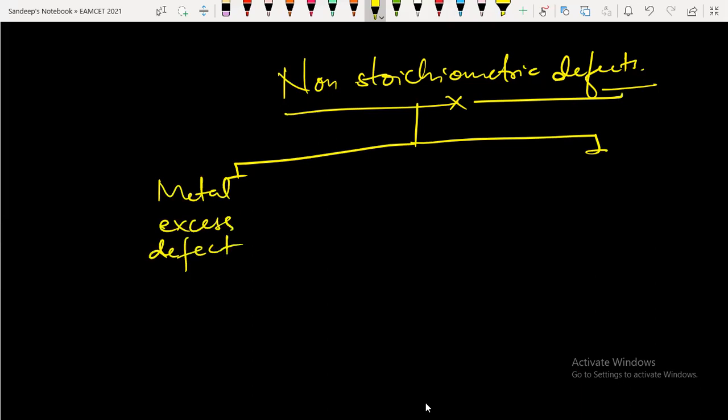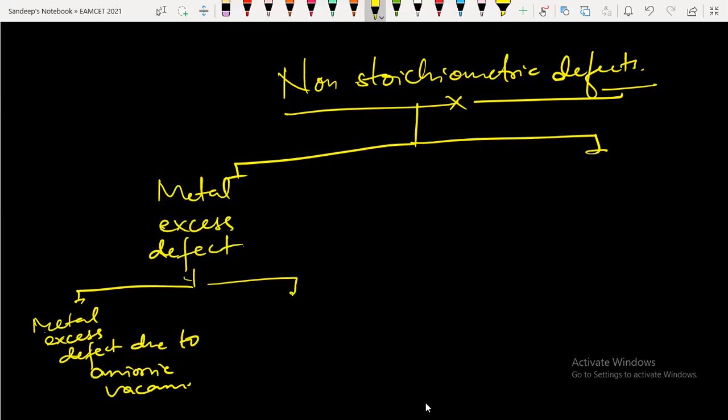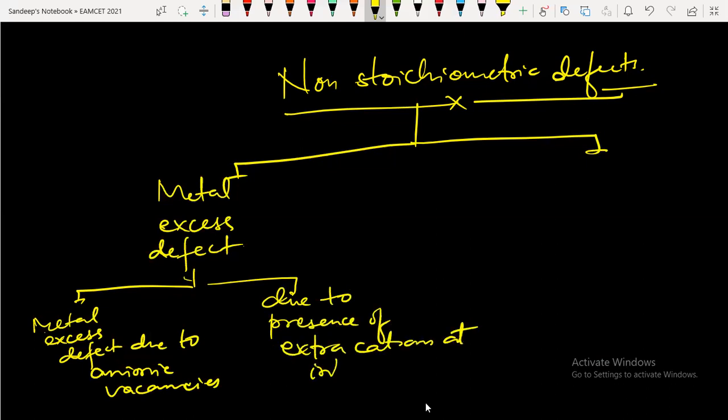Under metal excess defect, we will discuss metal excess defect due to anionic vacancies, and due to presence of extra cation at interstitial sites.